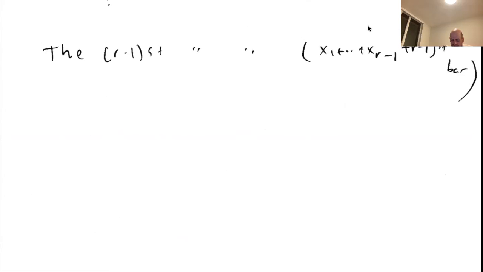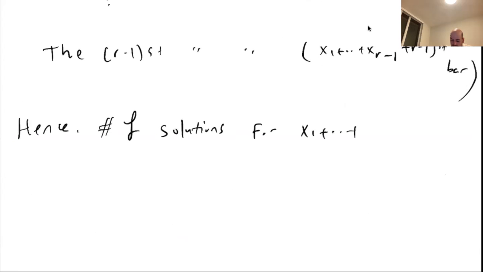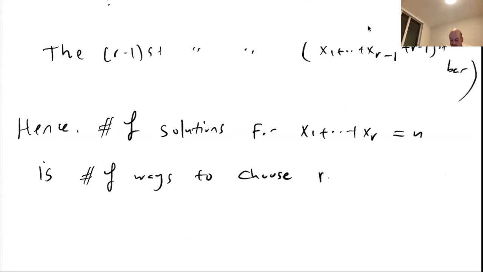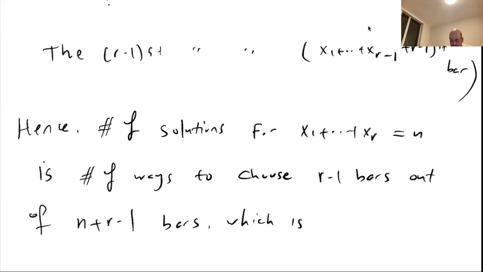So that means, hence, the number of solutions for x1 plus all the way to xr equals n is the number of ways to choose r minus 1 bars out of n plus r minus 1 bars, which is given by n plus r minus 1 choose r minus 1.